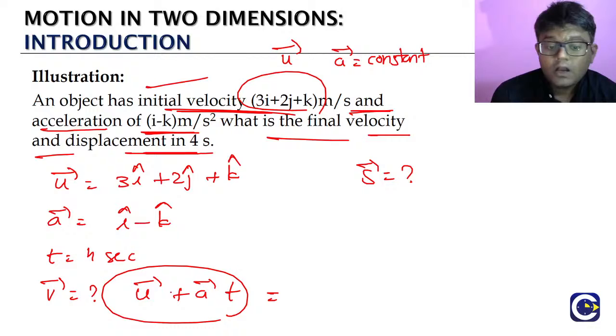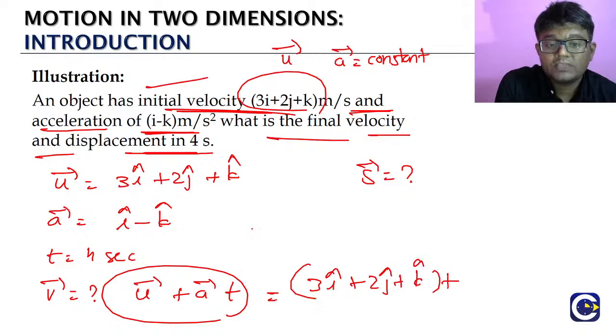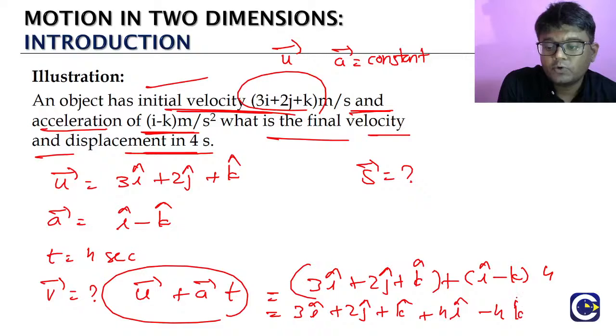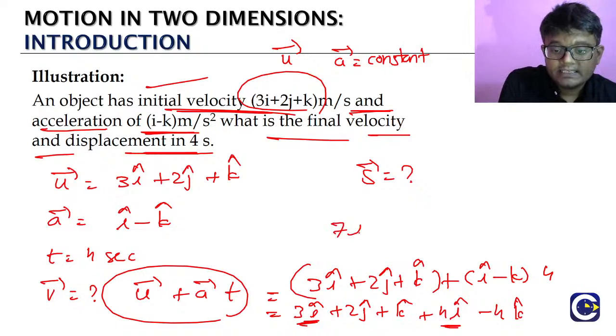Look at this. How am I going to get the answer for this question? U is 3i plus 2j plus k, that is the initial velocity, plus a, which is i minus k, into time 4. So 3i plus 2j plus k plus 4i minus 4k. There is 3i and 4i, what is it? 7i.